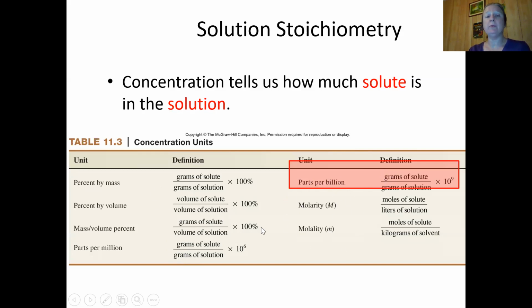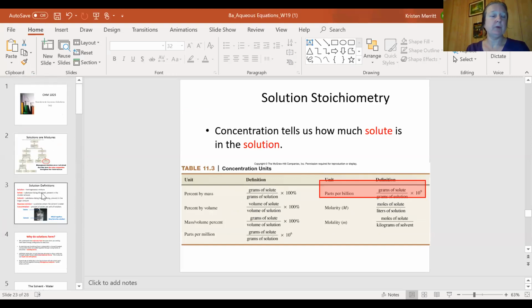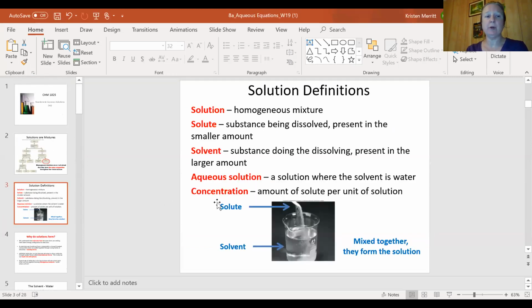You will learn most of these in Chem 1, particularly molality. So here we're going to be working with molarity. This is just to show you that these exist, but our friend here is the molarity, moles of solute per liters of solution. So that's our concentration.